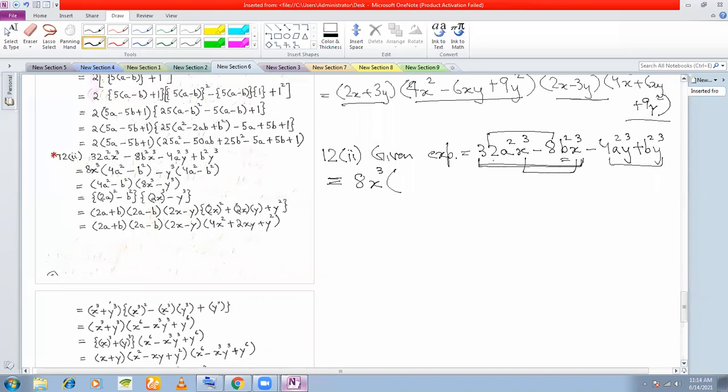Now once I take out 8x cube from 32 a square x cube, what am I left with? I have to divide 32 a square x cube by 8x cube, isn't it? So I'm left with 4a square only, minus, this minus sign is here. Now from here, 8b square x cube, I'm taking out 8x cube. I'm simply left with b square.